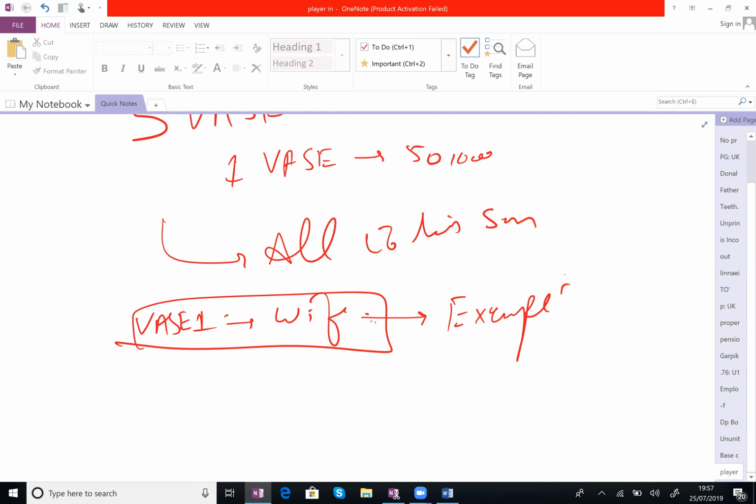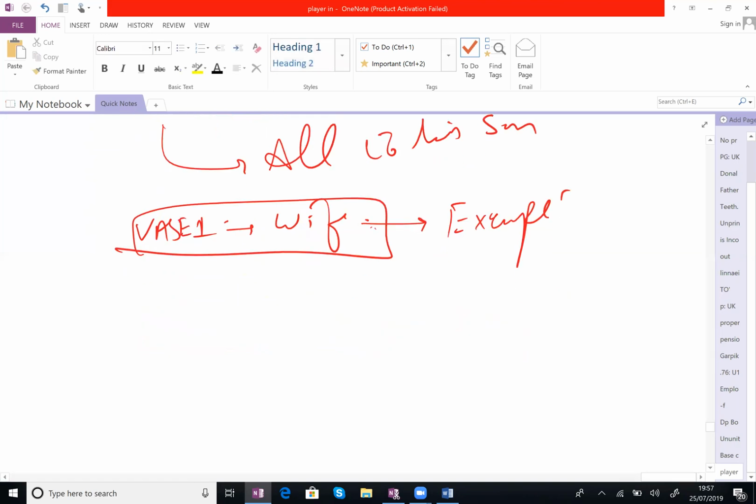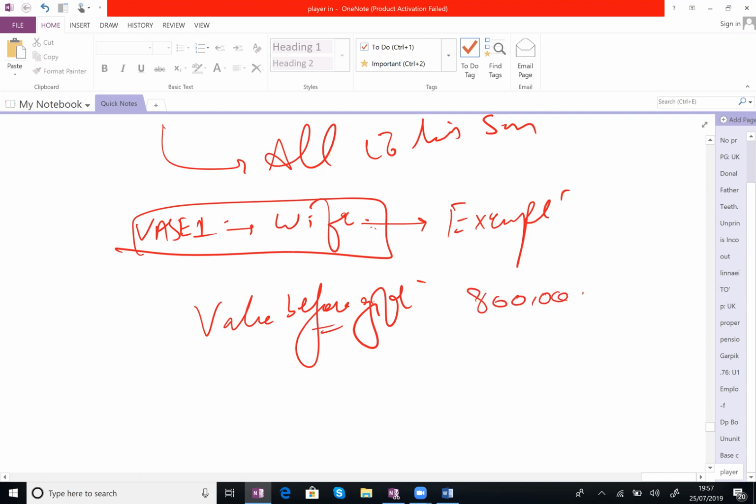When you gift vase number 1 to your wife, it is exempt. Tell me, when you give vase number 1 to the wife, how many vases do you have before the gift? 5, with a combined value of 8 lakh. Now vase number 1 you gifted to your wife.